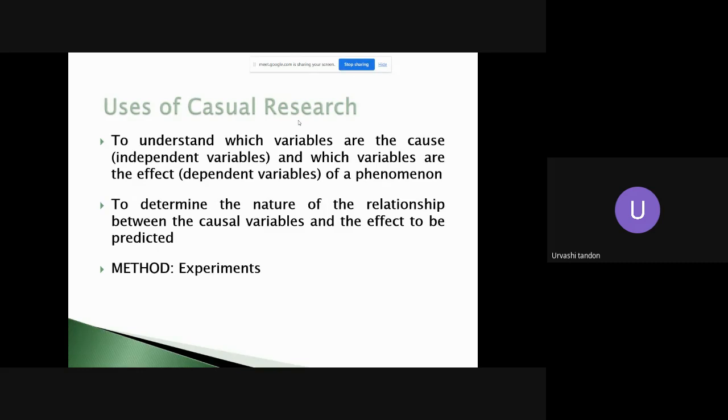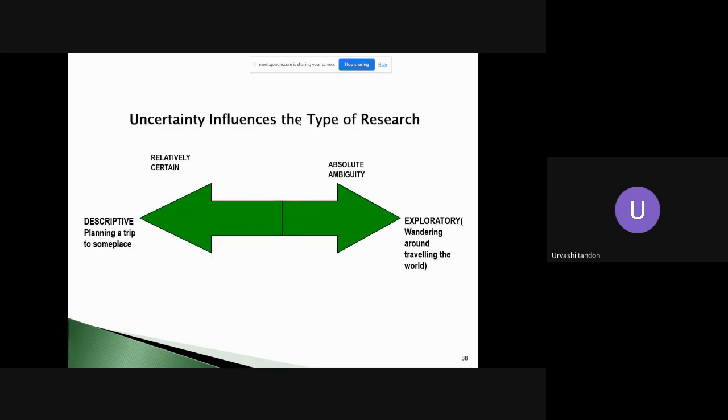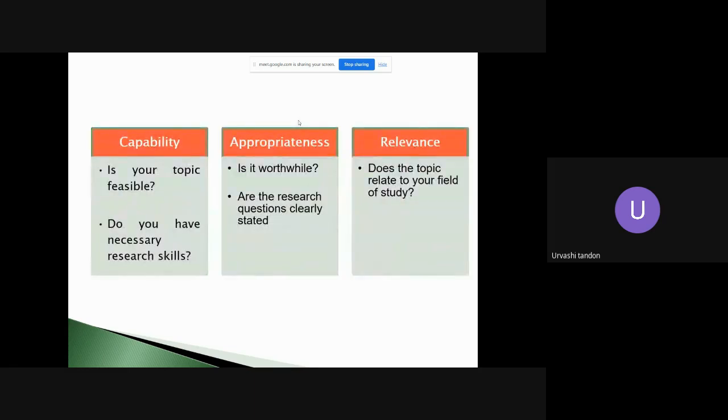Let's say I give you an example, whether the fringe benefits motivate people to stay long, or let's say the recognition that motivates people to stay long in the organization, something like that. Exploratory could be wandering around or traveling around the world, because there's absolute ambiguity, and descriptive is planning a trip to some place which is relatively certain.